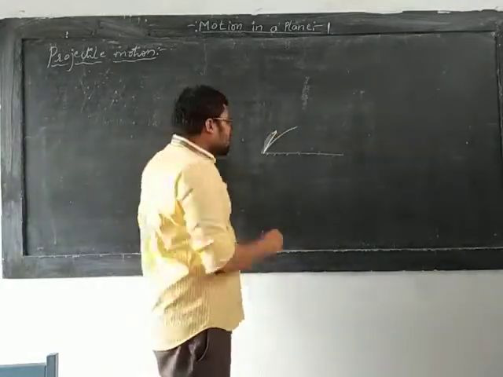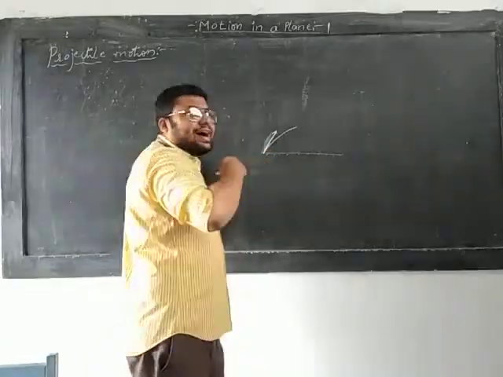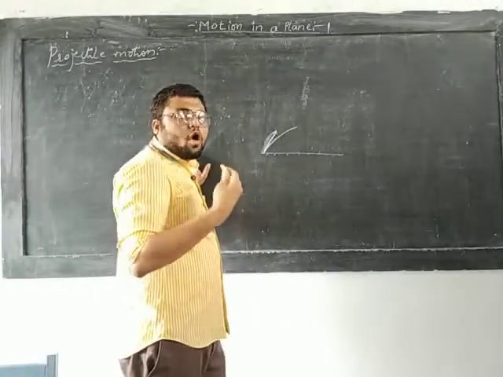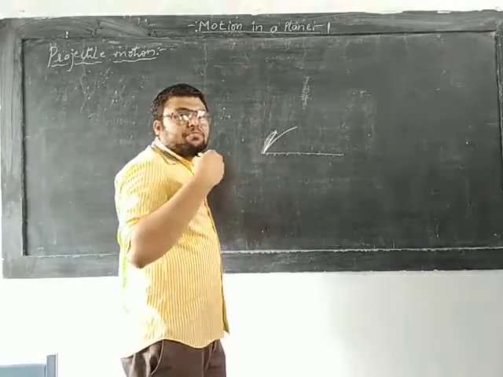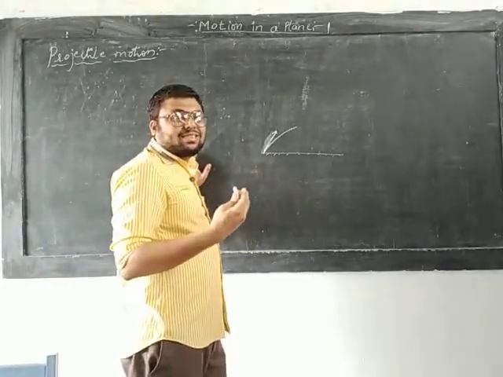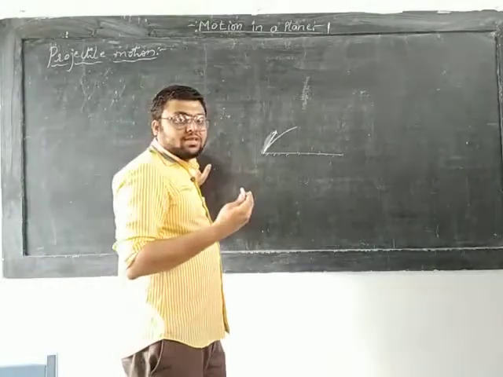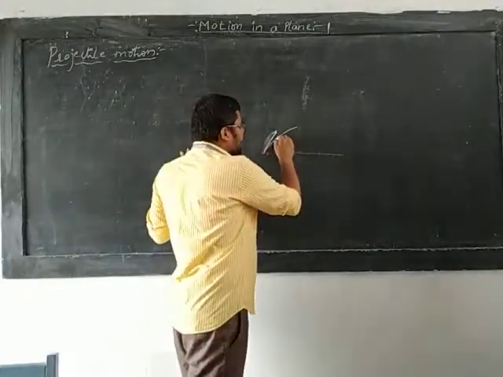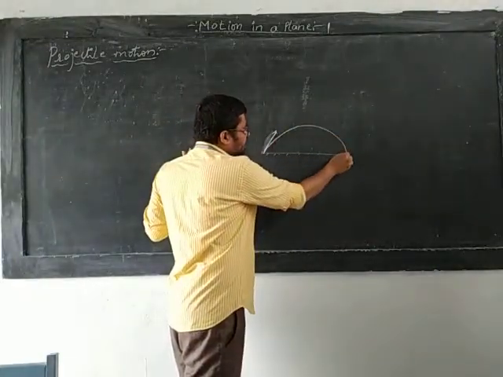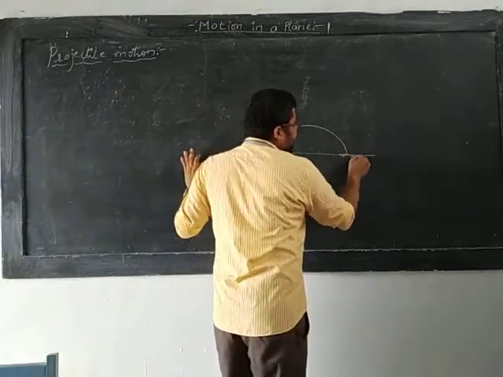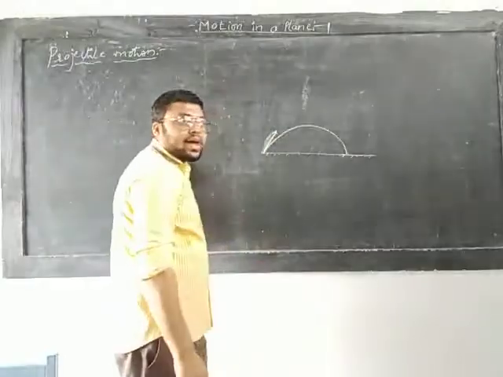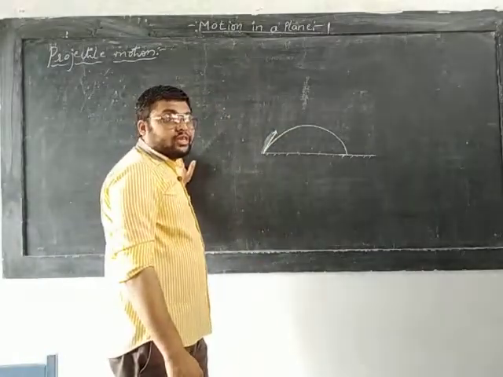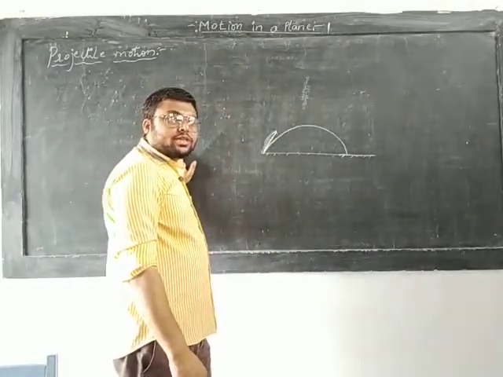Then how will this ball go in the space, or what type of path will it trace after throwing it in a space? It will travel like this, and this sort of motion is called as the projectile motion.